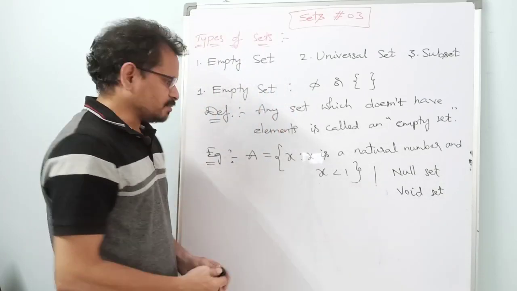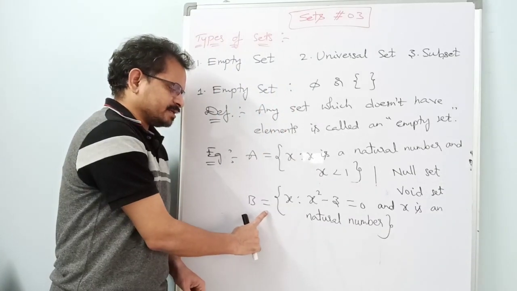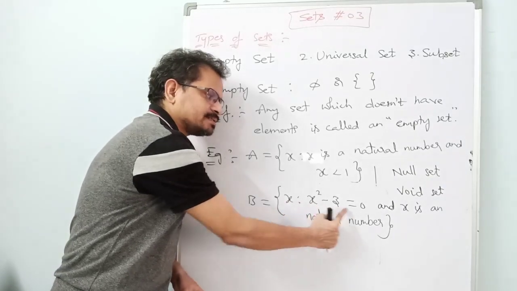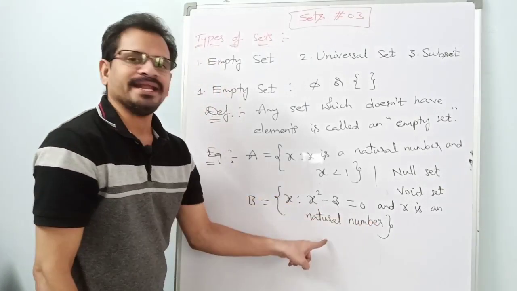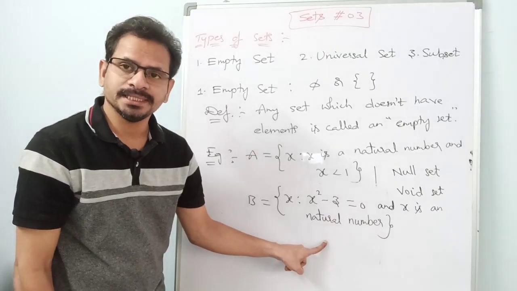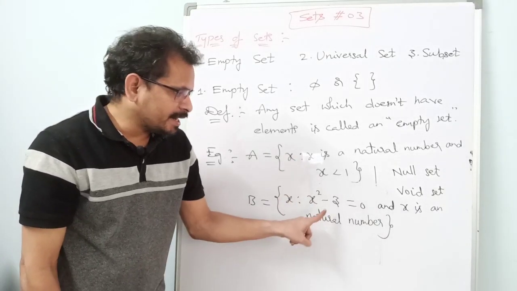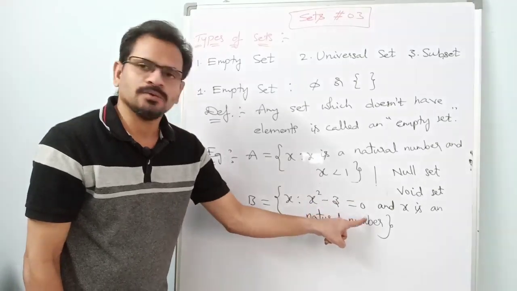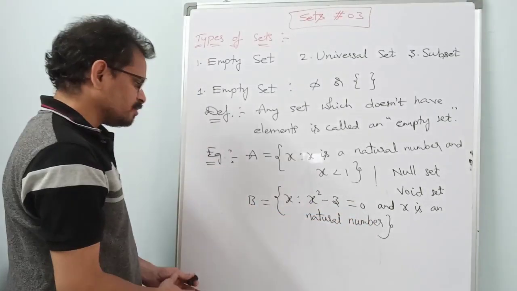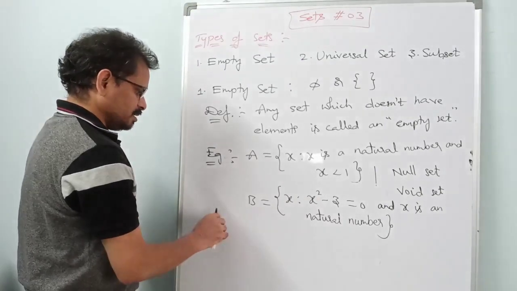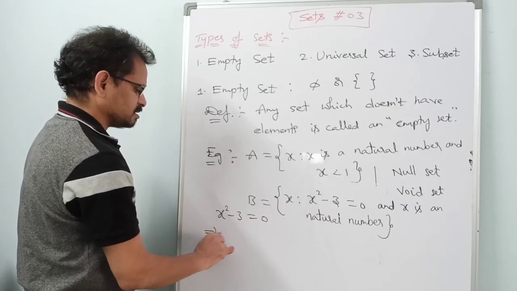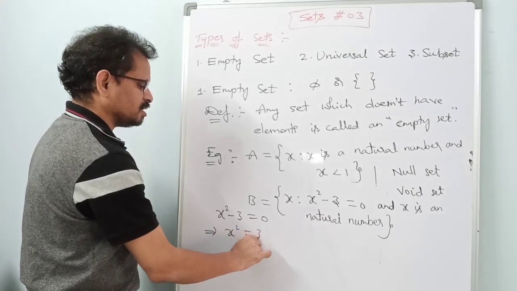Shall we go with another example? Okay, let us go with another example. A set B is given in such a way that x such that x square minus 3 equal to 0 and x is a natural number. What is he telling here? X is a natural number and it has to satisfy this condition: x square minus 3 equal to 0. Let us evaluate what x is from that expression. X square minus 3 equal to 0 implies x square equal to 3.